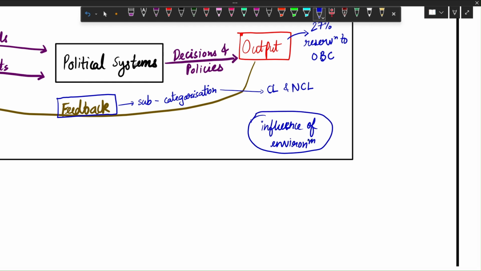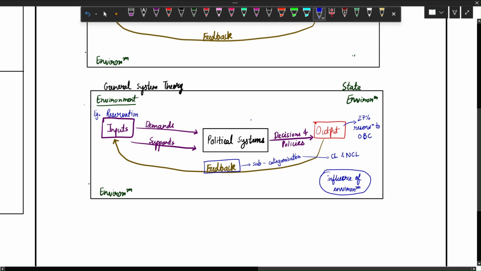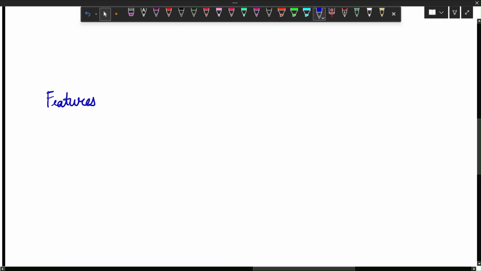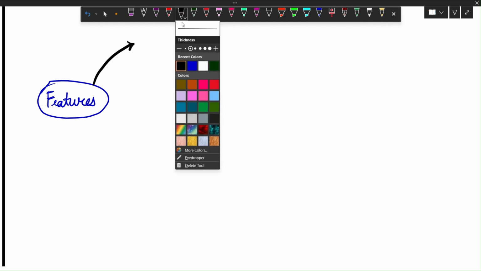For feedback, I will write subcategorization there, into creamy layer and non-creamy layer. This subcategorization helps us update our demands, and it is also influenced by the environment inside the box, or inside the state.